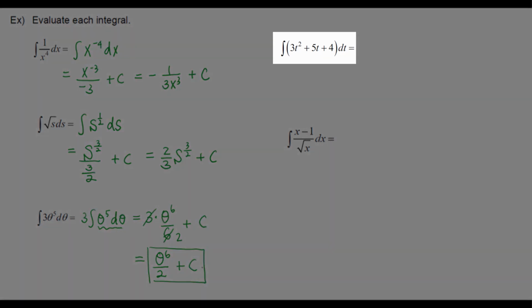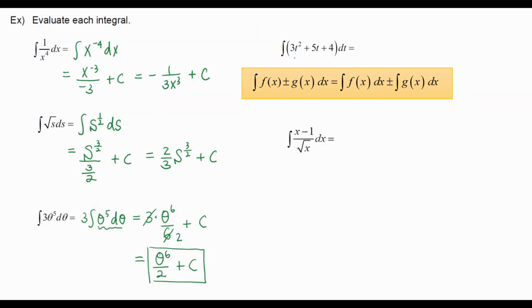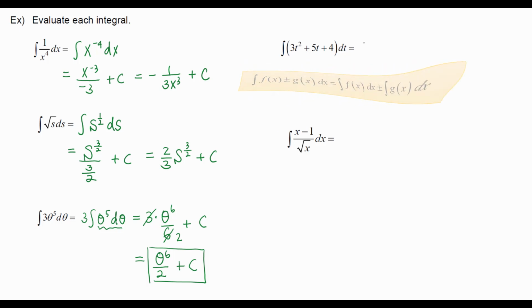What would be the integral of 3t squared plus 5t plus 4 dt? We learned that for sums or differences of functions, we can just take the integral of each term. So let's take the integral of 3t squared dt plus the integral of 5t dt plus the integral of 4 dt.